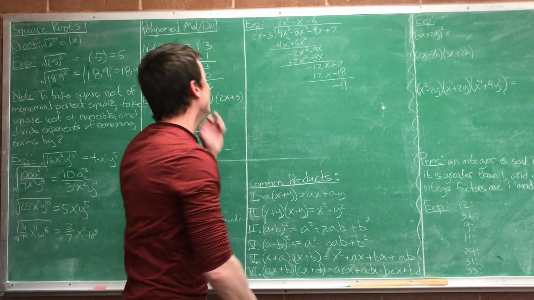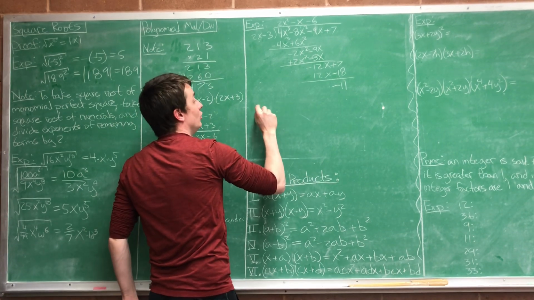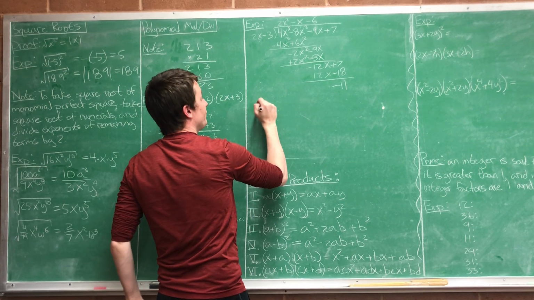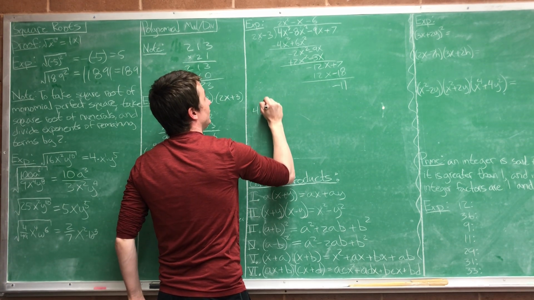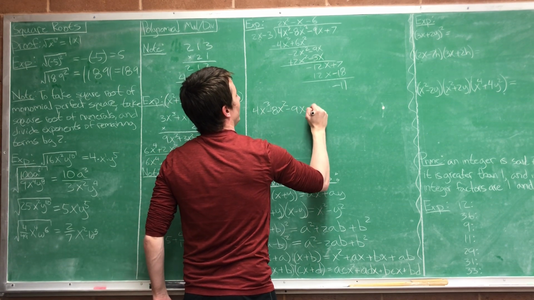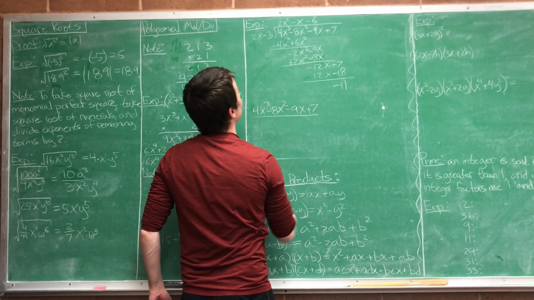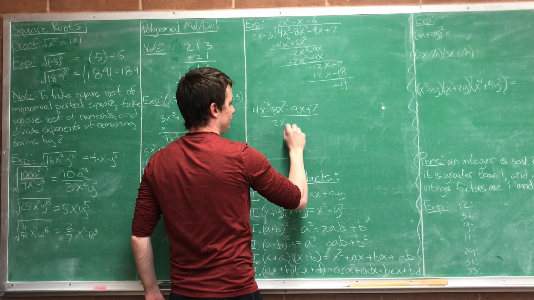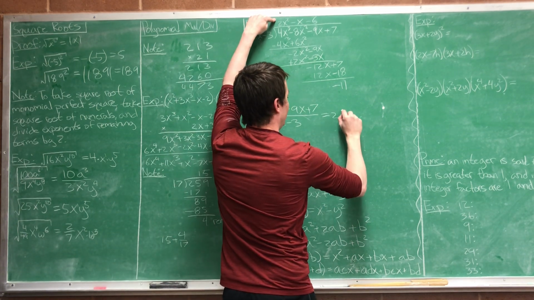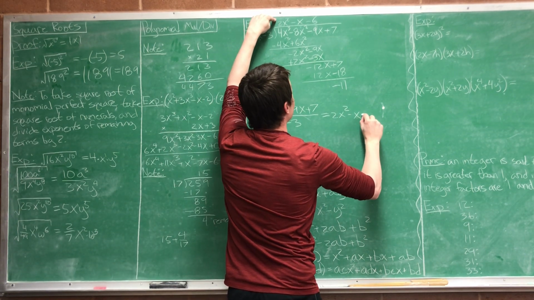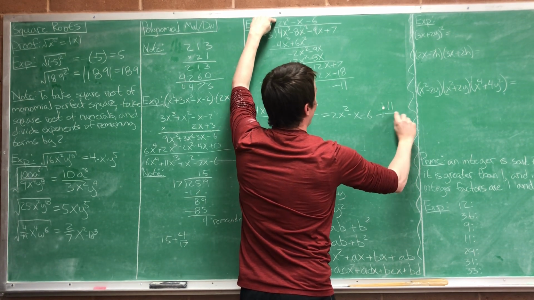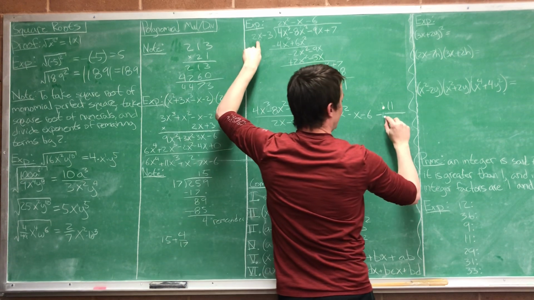So we're done. So our answer now is, let me write this very explicitly. We just found that 4x cubed minus 8x squared minus 9x plus 7 all over 2x minus 3 is equal to 2x squared minus x minus 6 minus 11 over what we were dividing by, 2x minus 3.